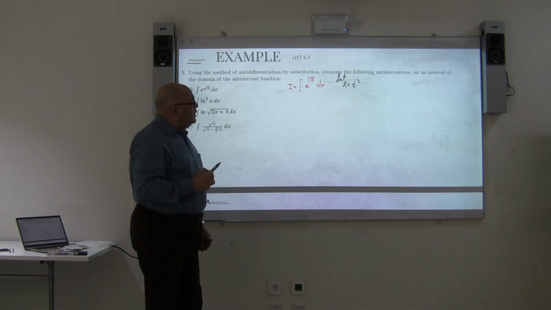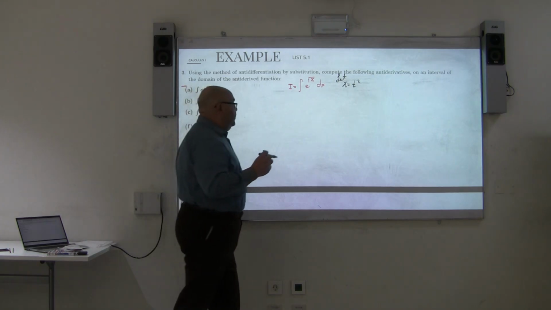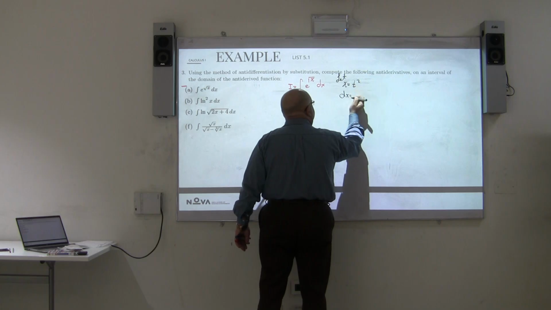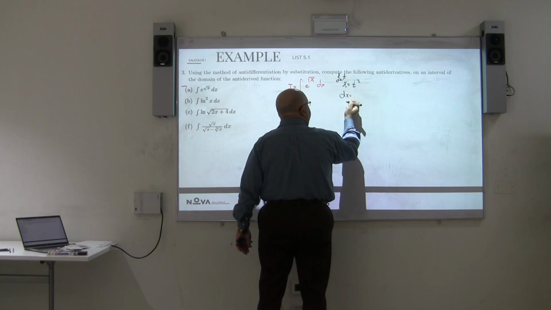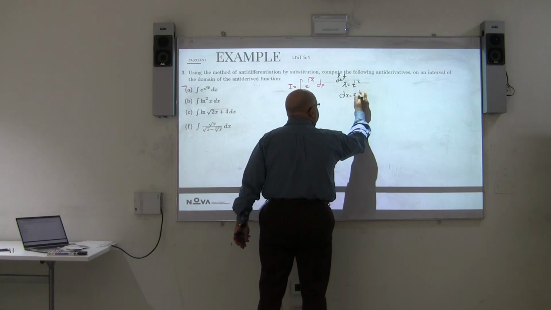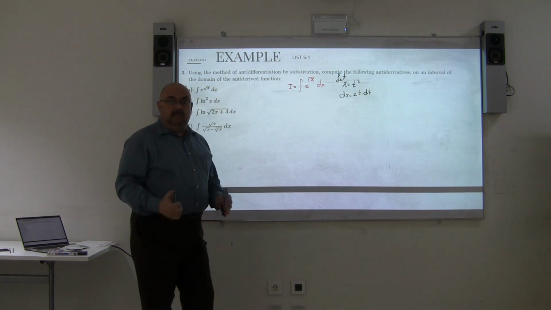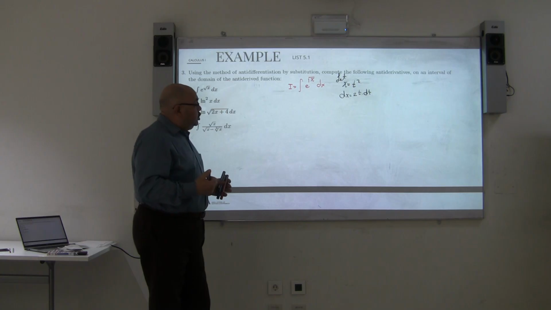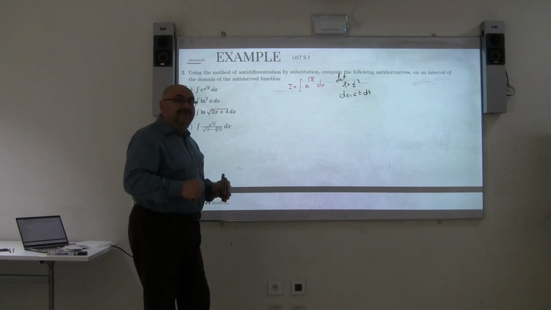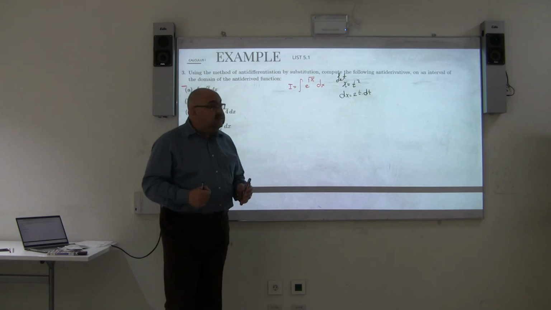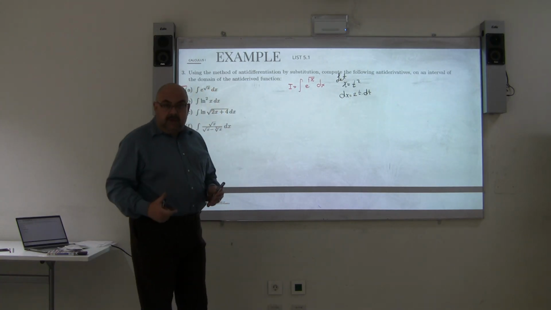So if I let x equal t to the power of 2, this means that dx, finding the differential of the equation, is going to be 2t times dt. So now I'm substituting each x by t squared, and there is a price to be paid, which is replacing dx by 2t dt.